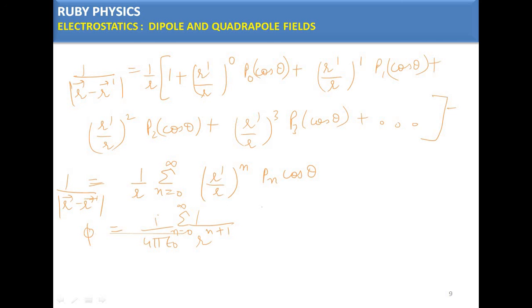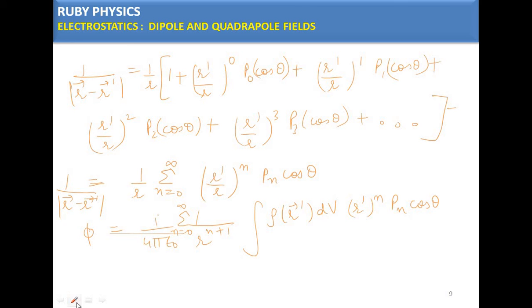Then you have the charge in integral form as rho dv, and the remaining terms are r dash to the power n and Pn cos theta. So this is the final equation for the potential in case of multipoles.